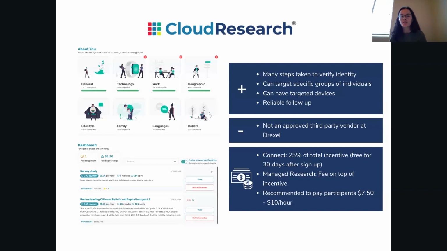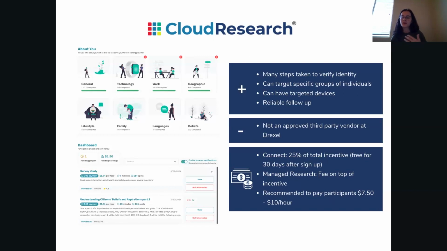The Connect platform itself takes many steps to verify that individuals are who they say they are. An example of one of these steps is that before people can even join the platform, they have to complete all these questions about themselves and just about things in general.